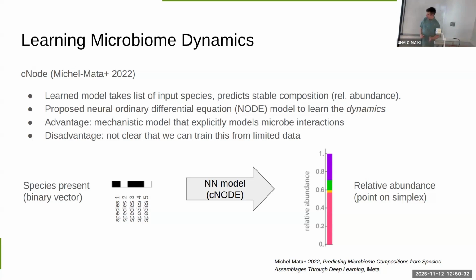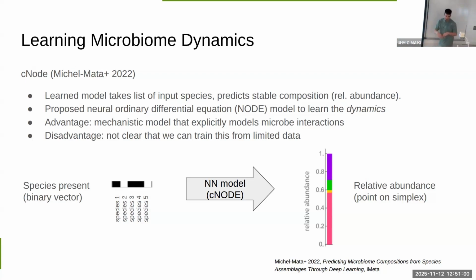And the idea of this paper is if you have some fixed set of samples, metagenomic samples, you treat those as fixed points in the dynamics, which is a big assumption. And then you learn this mapping between what species are in that sample and the relative abundance that you output.